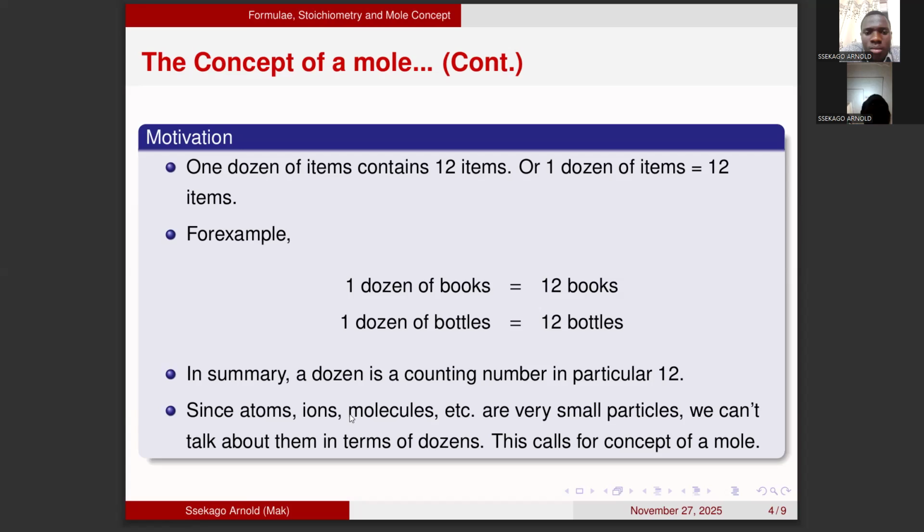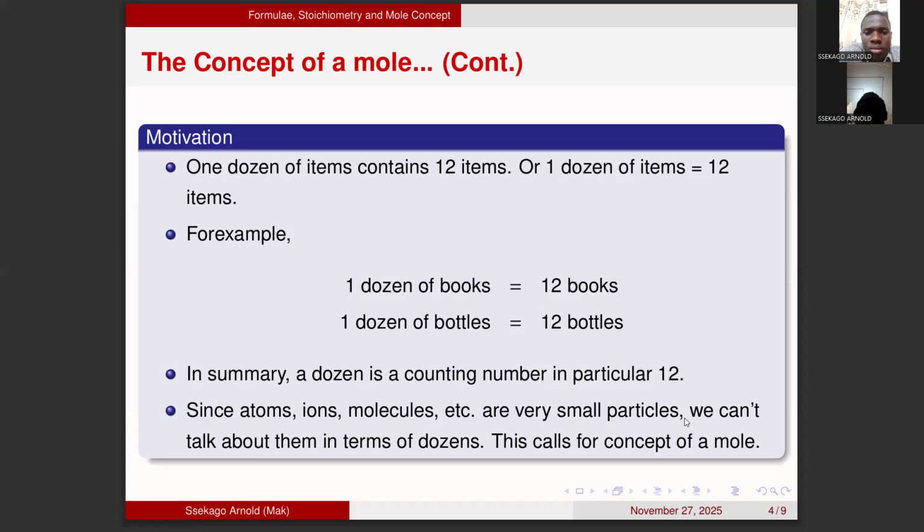We cannot view an atom; we just have its structure representation. Same applies to ions and molecules. We can come up with their structure representation, but their actual look is very difficult to come up with. Why? These are very small things.